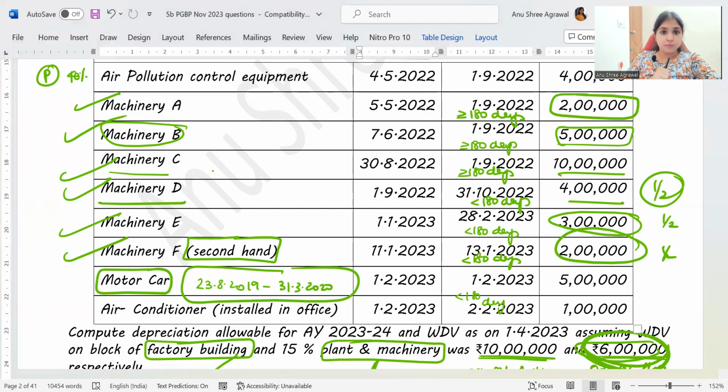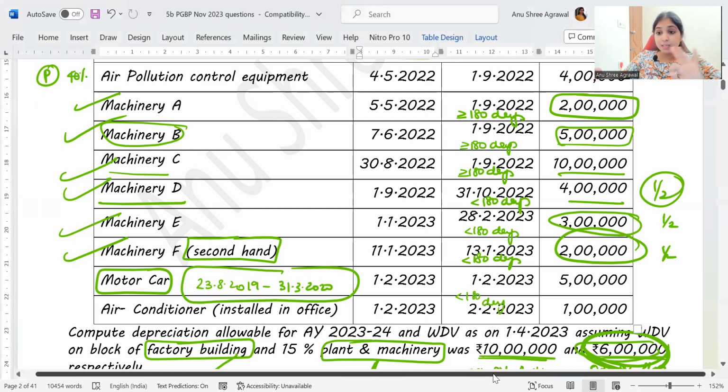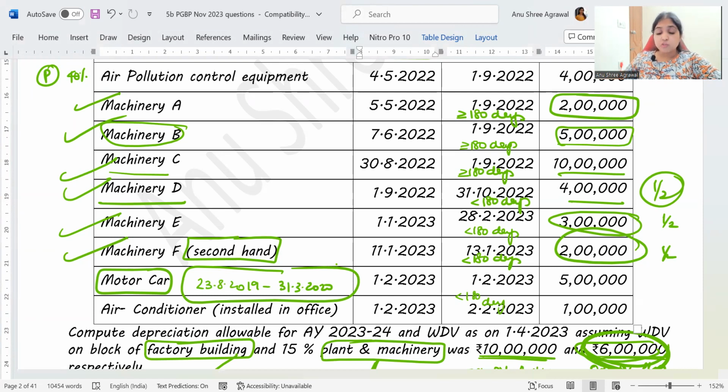Had it been acquired and put to use in this period, I would have given 30% depreciation. But here it was acquired and put to use not in this period. So therefore, I will give only 15% depreciation.